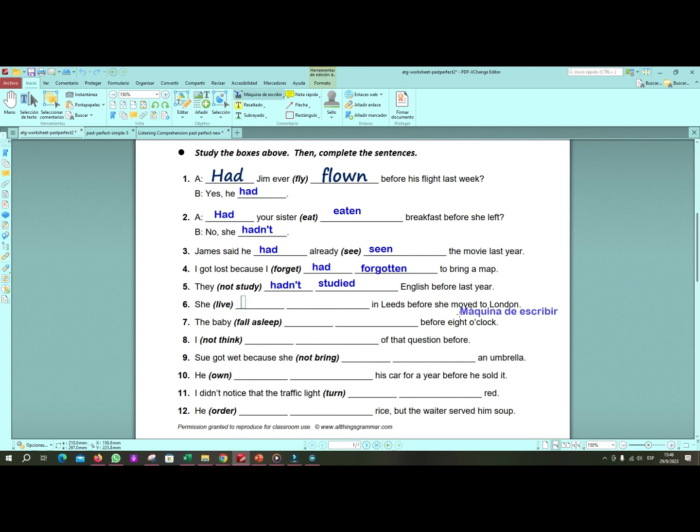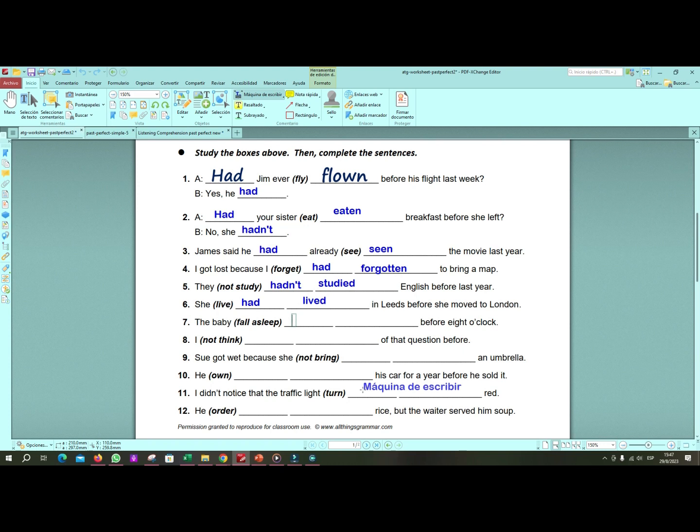What about this one? She in Leeds before she moved to London. So in that case, she had, right? What about this one? Here you have another. The baby fell asleep before 8 o'clock.